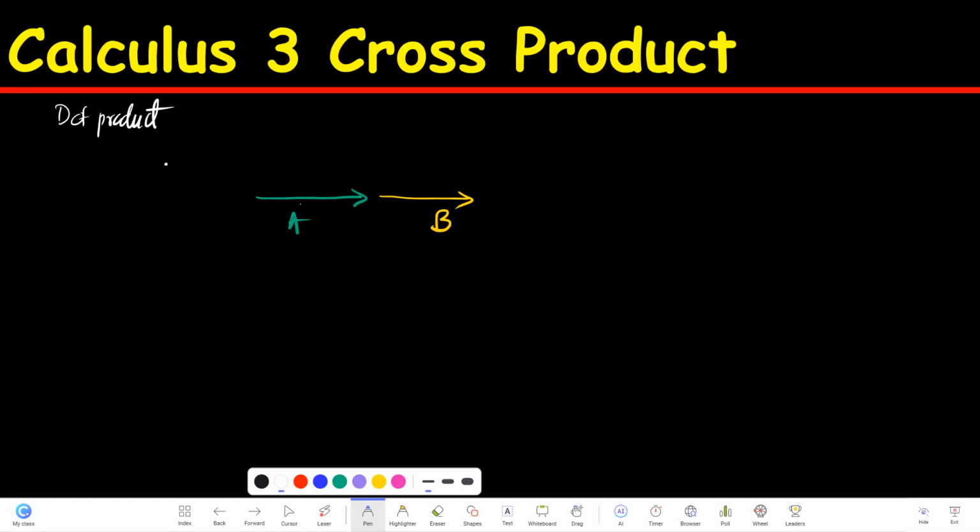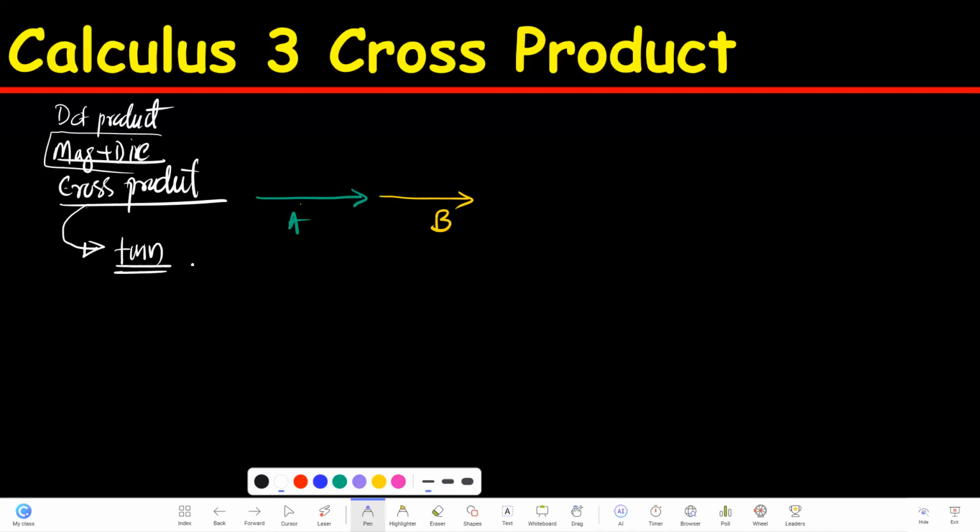But if I want magnitude plus direction, I have to go to the cross product. First of all, we need to talk about the physics behind the cross product. Cross product is only used to turn, to rotate stuff. That's what it means.